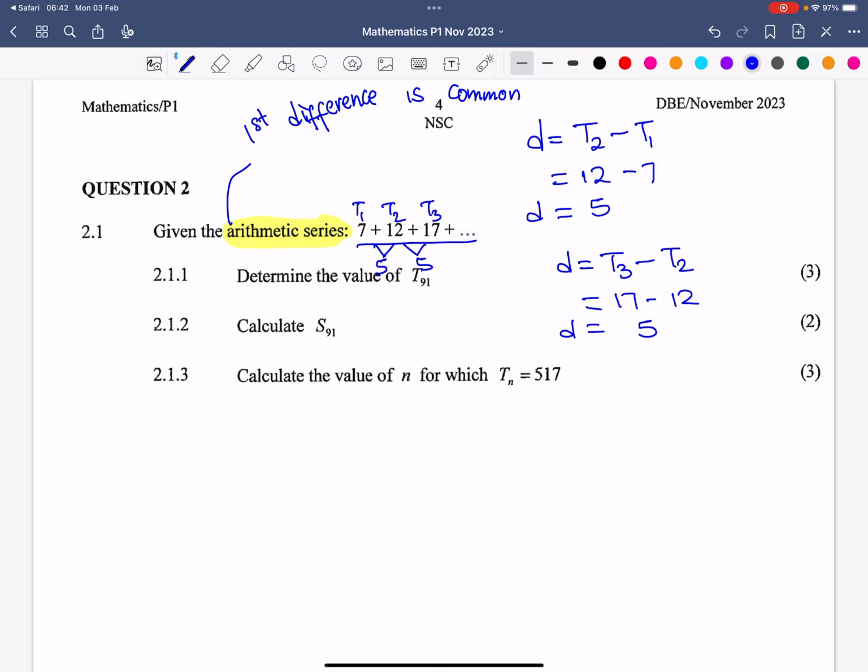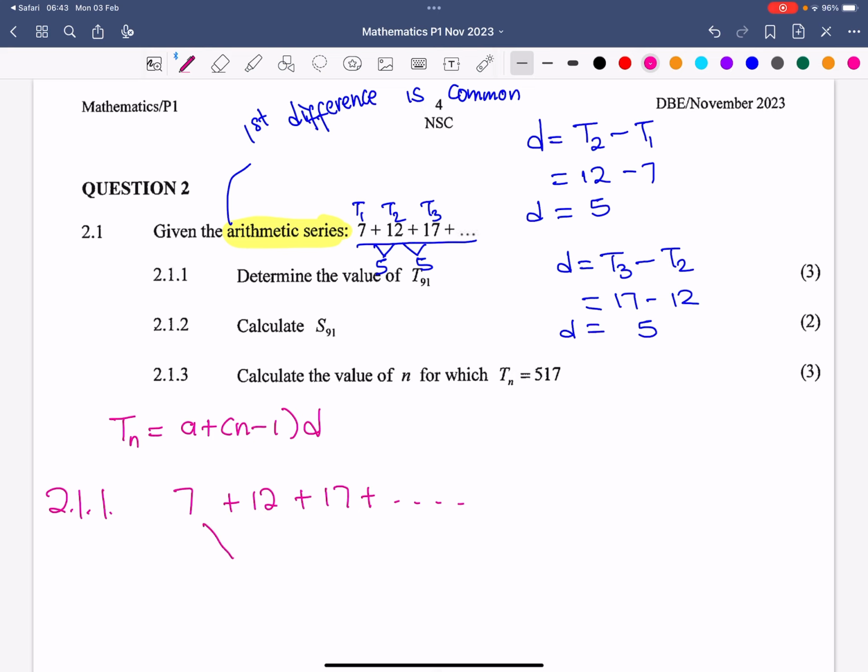And remember, in an arithmetic sequence, we have the general formula that says Tn is equal to a plus (n minus 1) multiplied by d. So we use this one to find the general term. So let's look at 2.1.1 with the information that we have. We have 7 plus 12 plus 17 plus dot dot dot, right?